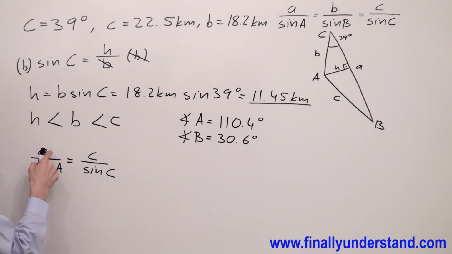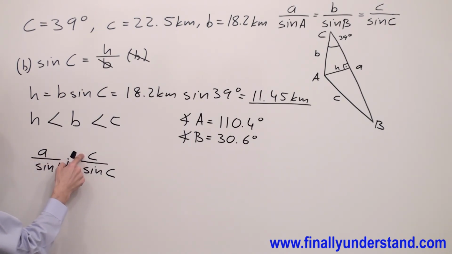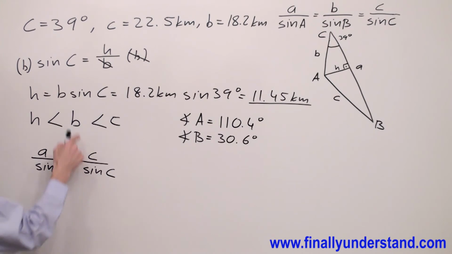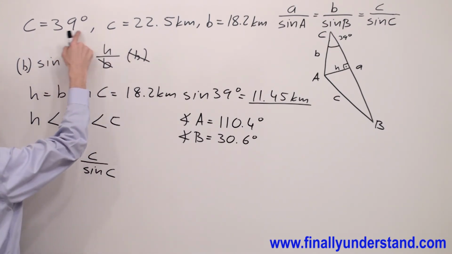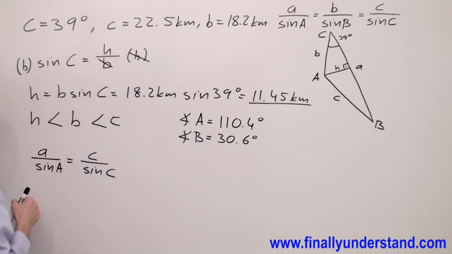Because I'm looking for A, so I have to use the one with A. And I'm using C because side C is given and angle C is given. I always try to use the values which were given first.